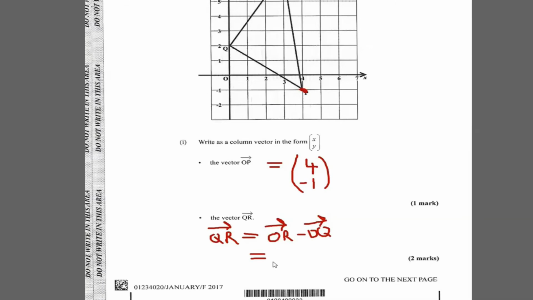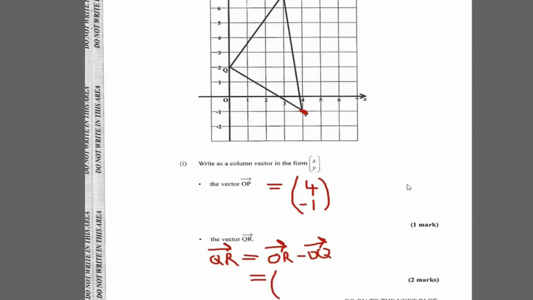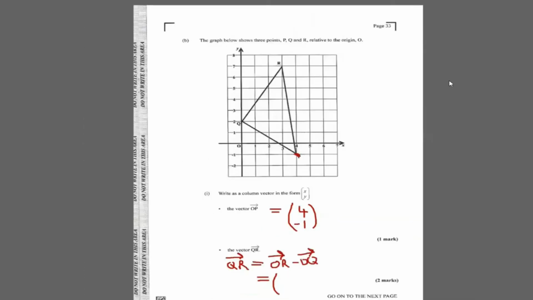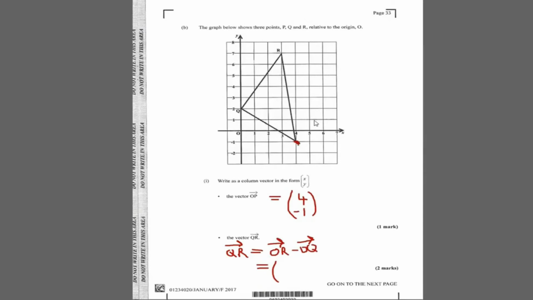Now OR is equal to, that's what we need to find, OR. OR is (3, 7). And OQ is (0, 2).